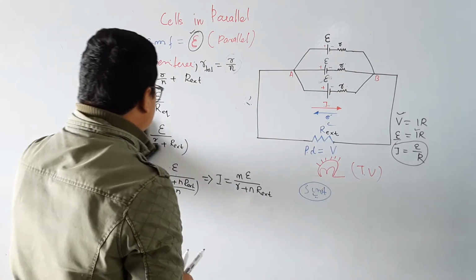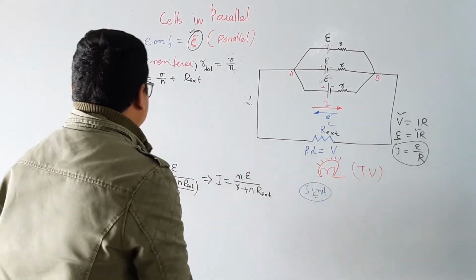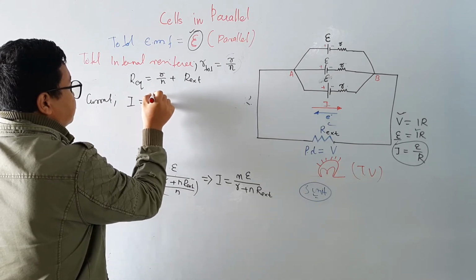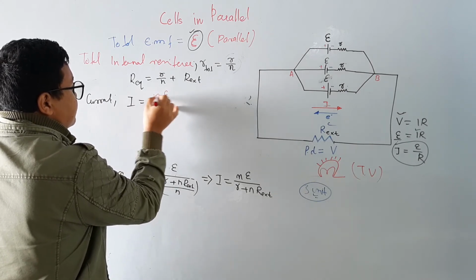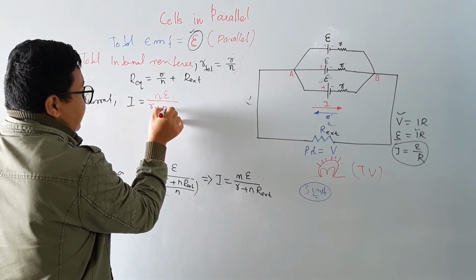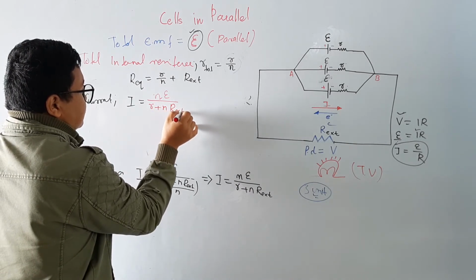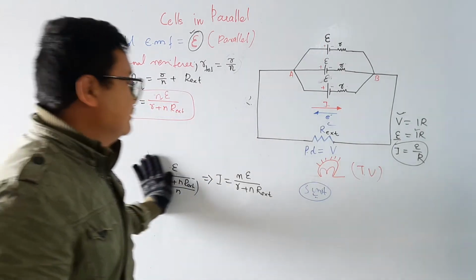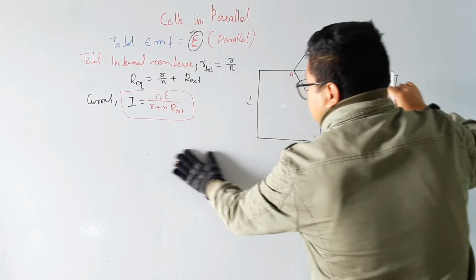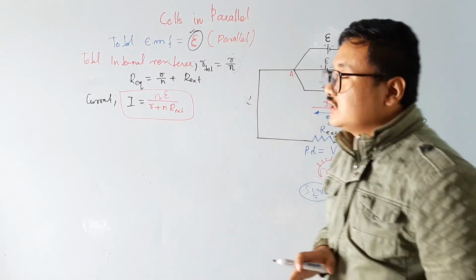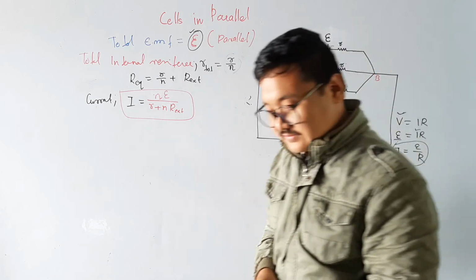We got the current I is equal to n epsilon, that is EMF, divided by r plus n R EXT. So this is the equation of current in this parallel combination of cells.